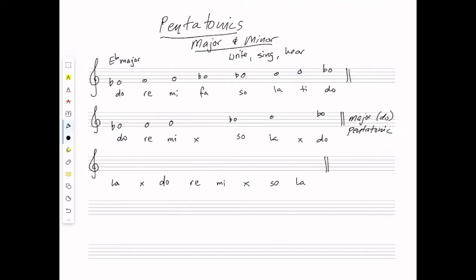Because we're in the context of E flat major, the la will be C. So that's the C, la. We're leaving out ti. Here's our do note. Re, mi, leave out fa, sol, and ending on la.